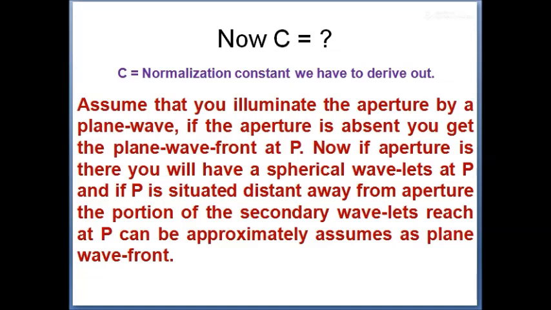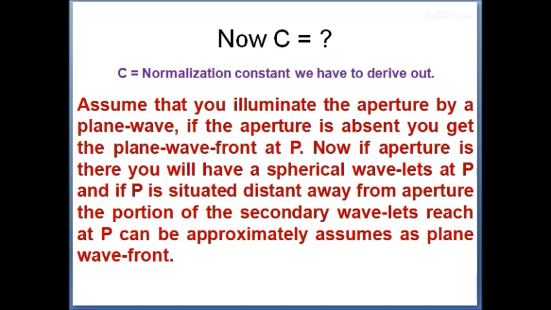If the aperture is absent, let us consider that there is no aperture, only plane waves moving from that point Q to P. So the plane wave remains a plane wave if there is no obstruction.